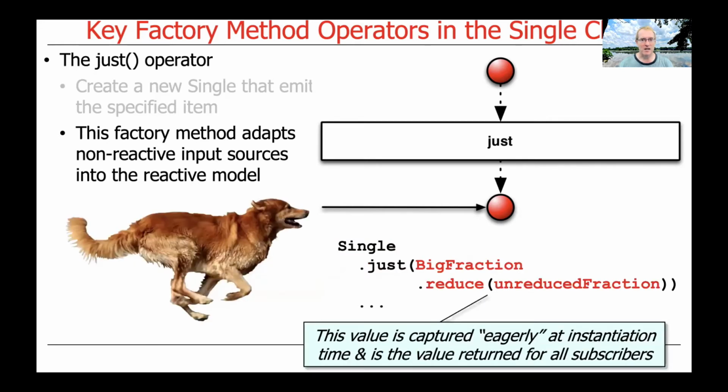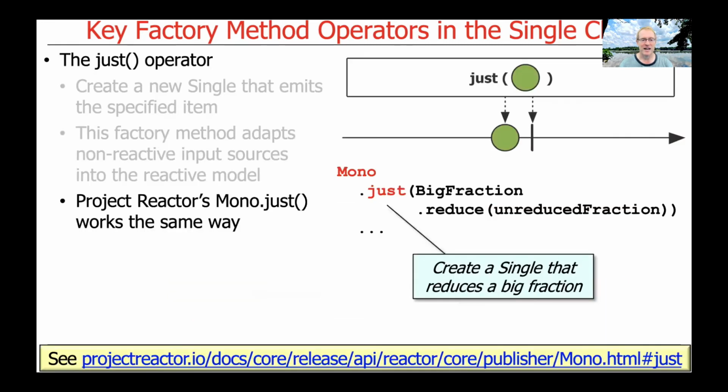We're passing a parameter in there, BigFraction.reduce of an unreduced fraction. So we'll take an unreduced fraction and reduce it. This value will be captured eagerly at instantiation time, in other words, in the thread of control that's doing the assembly of this particular chain of methods on the Single. And the value will be returned for all subscribers. There's no lazy binding, no late binding, no dynamic binding of this particular method.